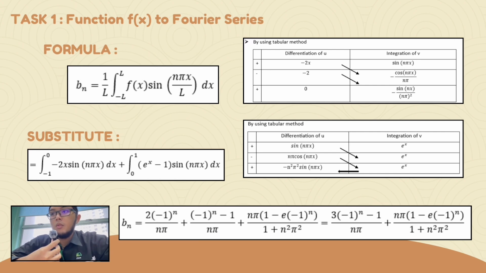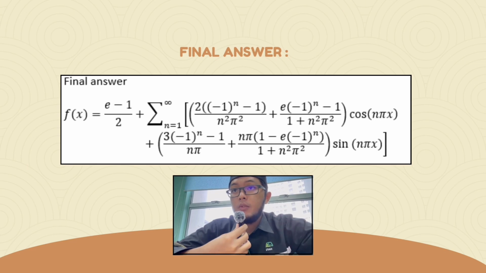To solve this, since we have two different functions, we need to use the tabular method, and we get this lengthy bn expression. After we simplify the expression, we get this here. So this is the final answer for our question. We input all the values of an, a0, and bn here, and we get this expression right here.